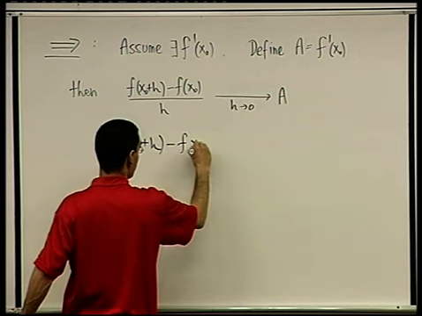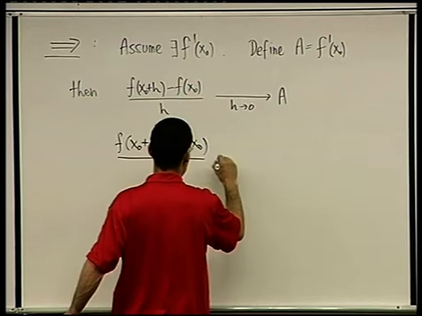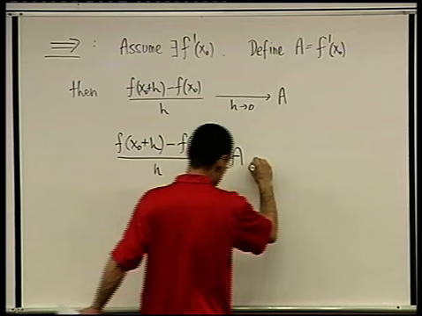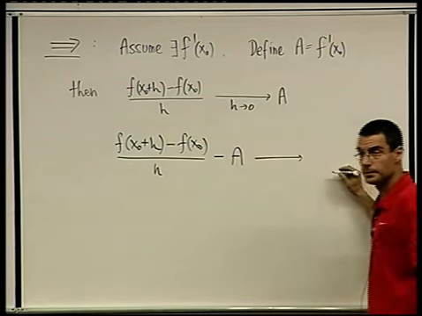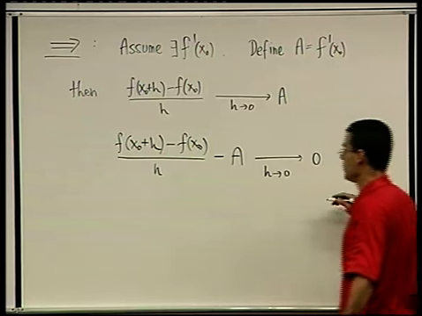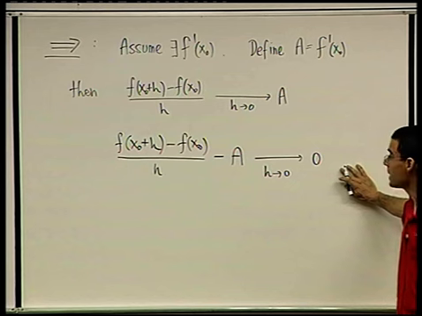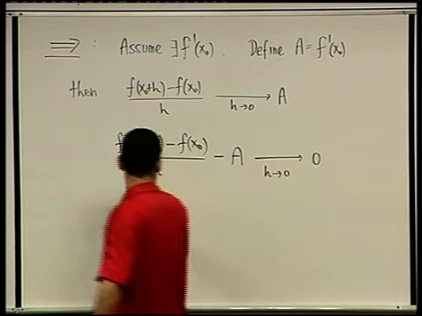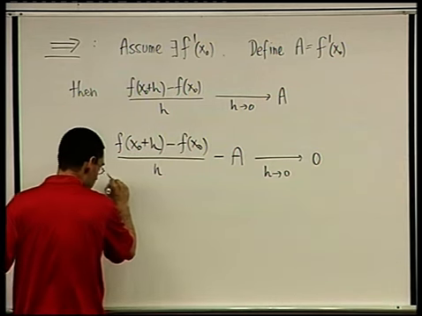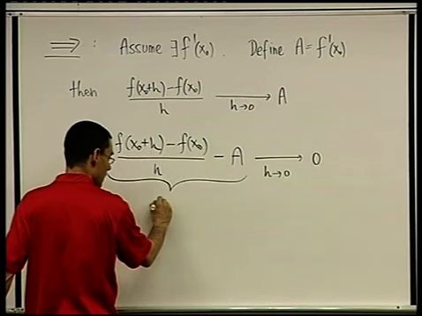The difference of f at x0 plus h minus f at x0 divided by h minus a, this thing goes to what? Right? So this is just naive limit arithmetics, right? And let's call this entire expression alpha of h.